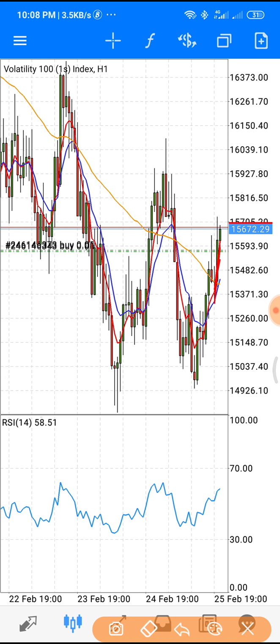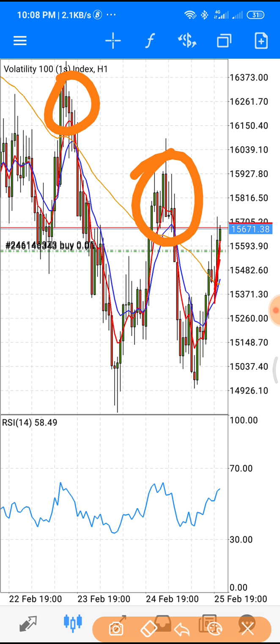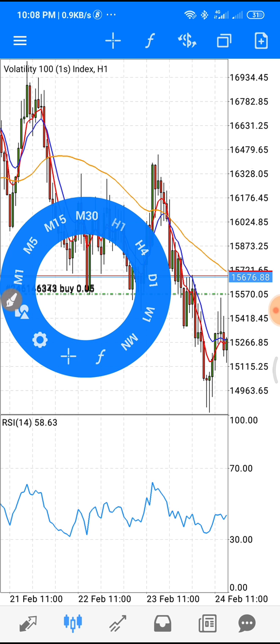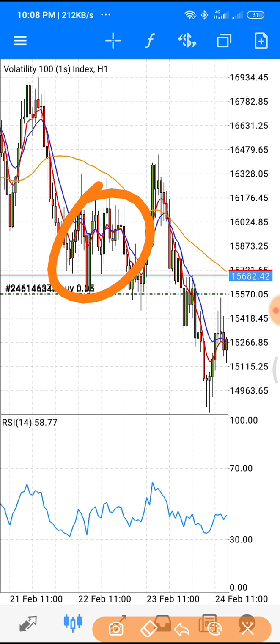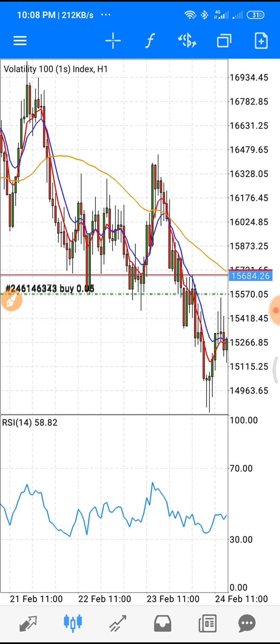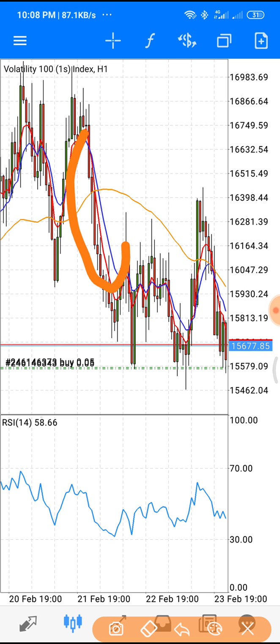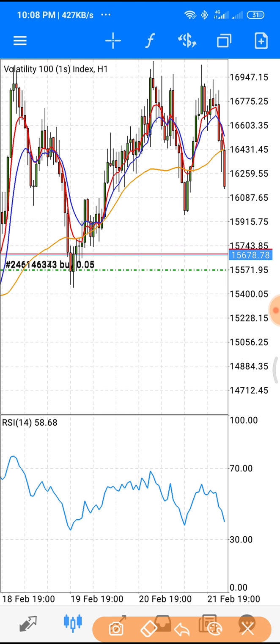Don't trade on these consolidation zones. Don't trade here. But here, with this kind of move, you can trade here.